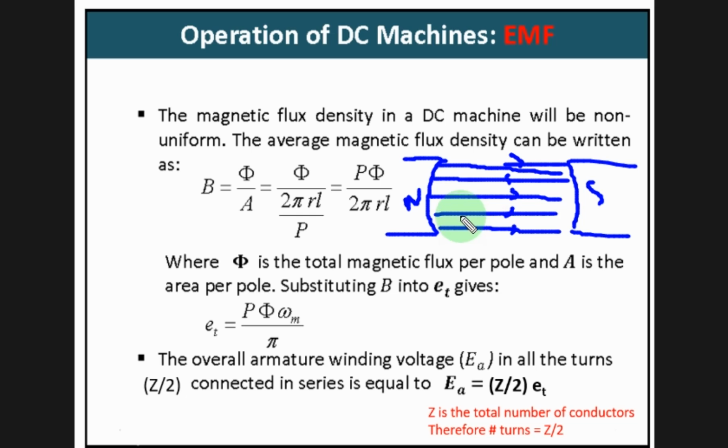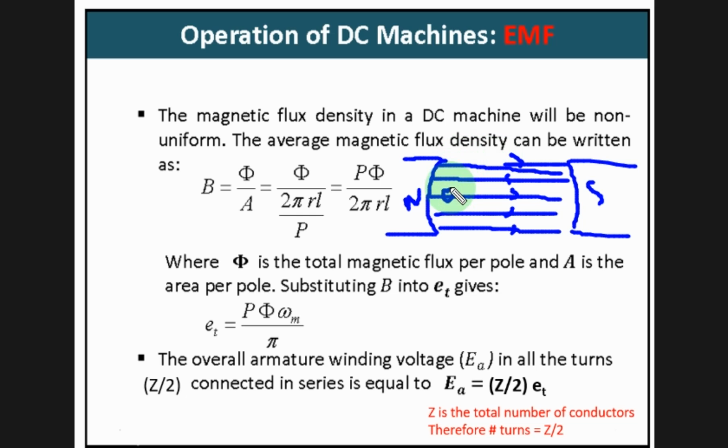and then the conductor, when it is here, you have one flux density, but when you are moving towards this place, the flux perpendicular to the velocity is changing.